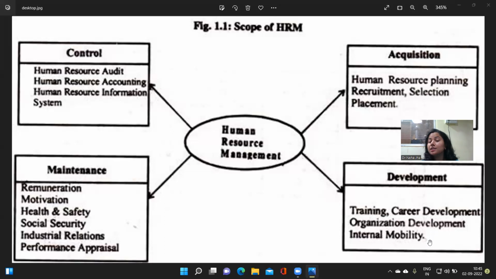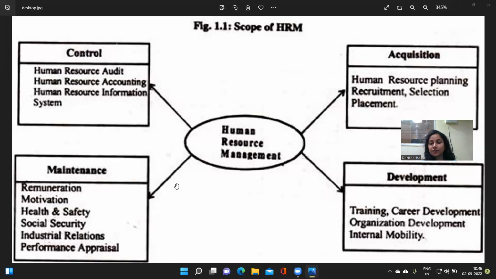Organizational development, internal mobility, these things come under development. Internal mobility means when people are promoted or moving towards the upper level of the hierarchy. That comes under internal mobility, that is transfer, promotion. Through these processes, we do internal mobility.